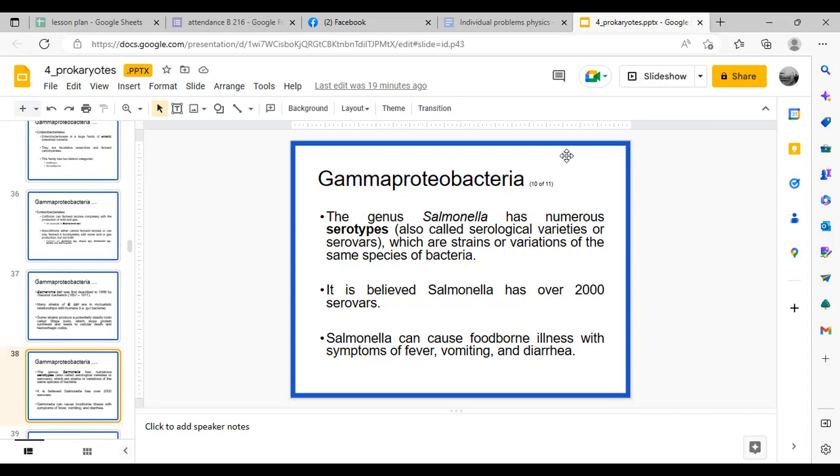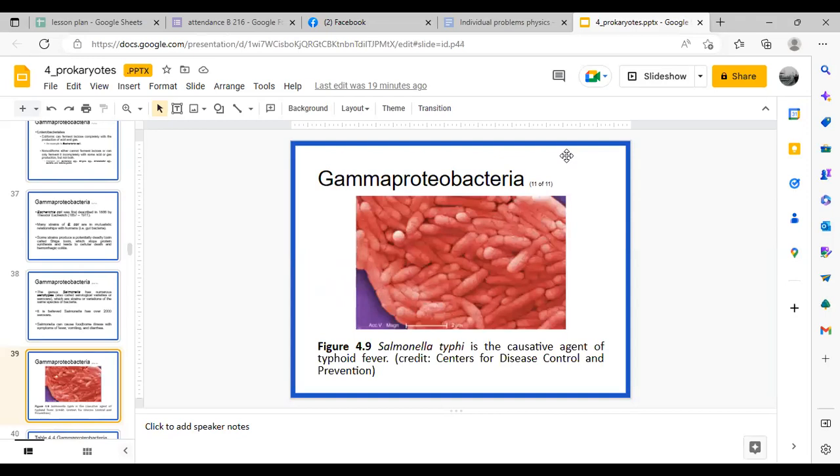You can have fever, vomiting, and diarrhea. Salmonella typhi is the causative agent of typhoid fever. Okay? Iba yung typhus sa typhoid fever. Magkaiba sila.